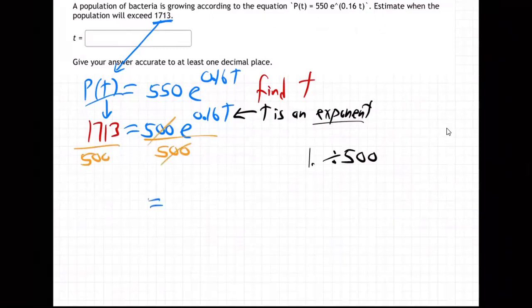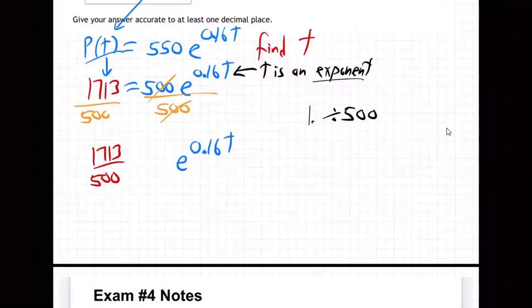And we get e to the 0.16 t. I'll just leave the other side as 1713 over 500. And then, you know what we need to do? Now we do the ln of both sides. That's how you get something out of power, right?